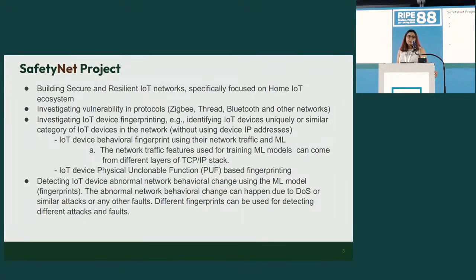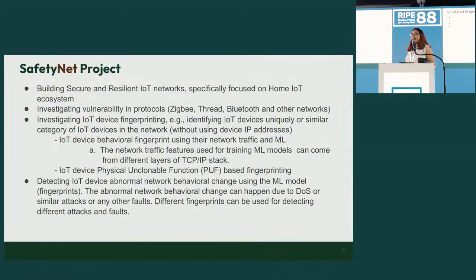In the first stream, we look at the vulnerability in protocols, for example, Zigbee, Thread, Bluetooth, NB-IoT, even cellular networks. We also investigate IoT device fingerprinting, for example, identifying devices uniquely, or similar kinds of devices in the network, without looking at the IP addresses of the packets.